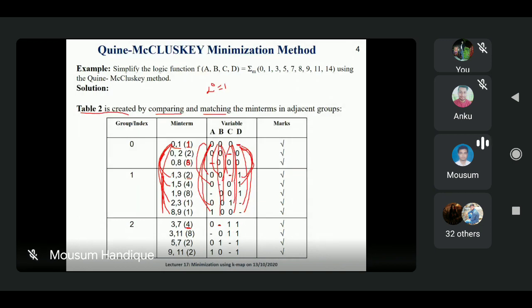But what happens when we are comparing 1, comma 3 with 5, comma 7? That time you see, 1, 3, this one is 0. This one is 1. Yes, we are getting one difference. Okay, and this one is also same, and this one is also same.